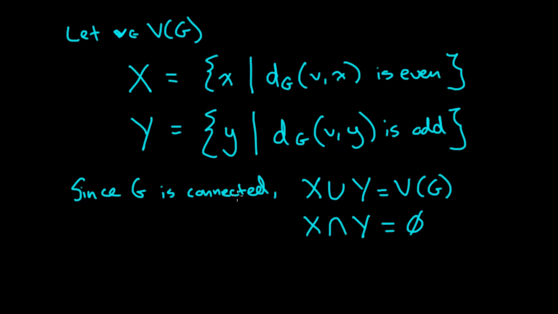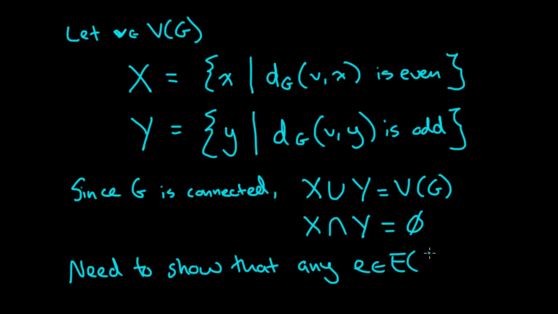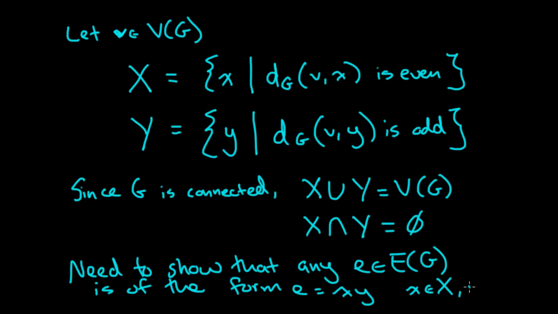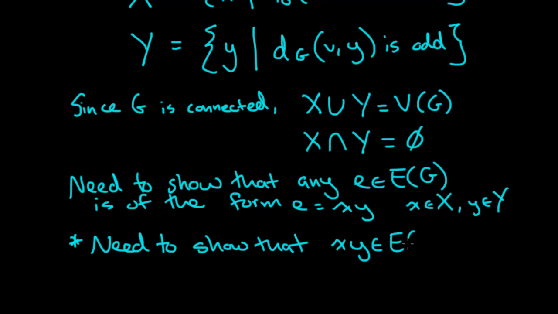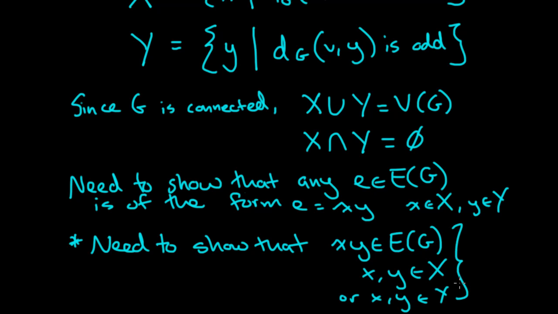Alright, so now we know that G is connected and we've partitioned up the vertex set in this way, so what we need to show is that any edge in the graph is of the form xy, where x is in X and y is in Y. In other words, we need to show that having xy be an edge where x and y both belong to X, or x and y both belong to Y, is impossible.